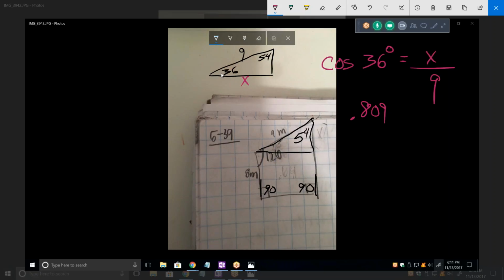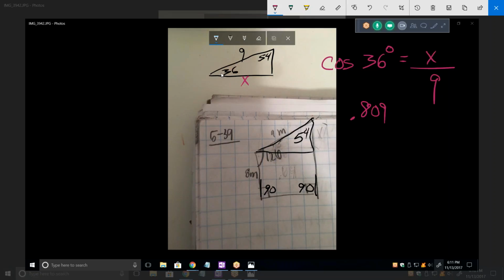Let me get my calculator out. Check that, because that doesn't sound right to me. I need my calculator that allows me to do trig.